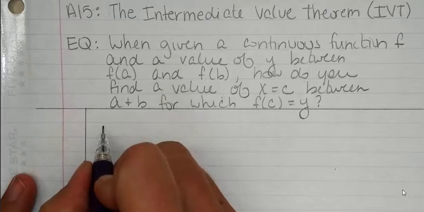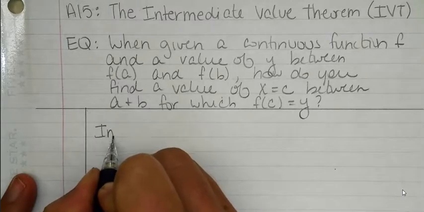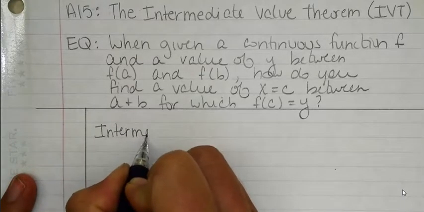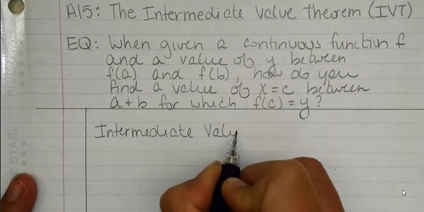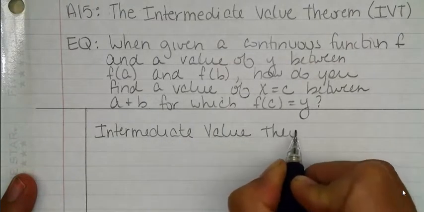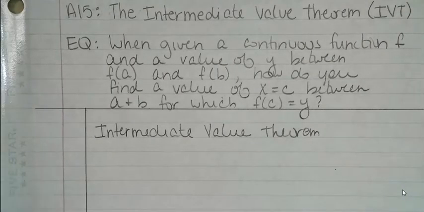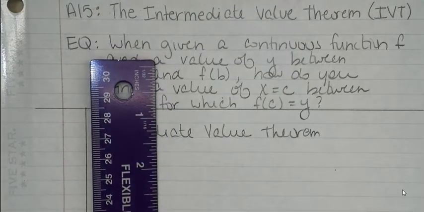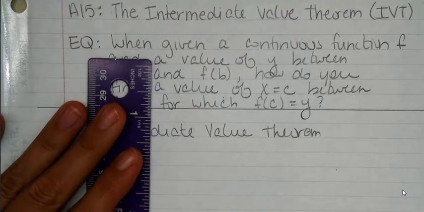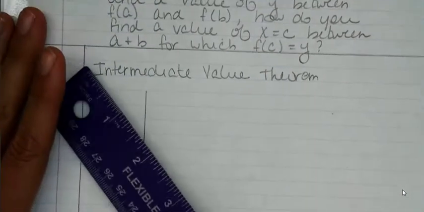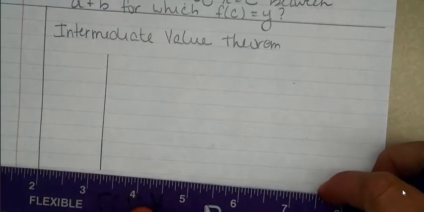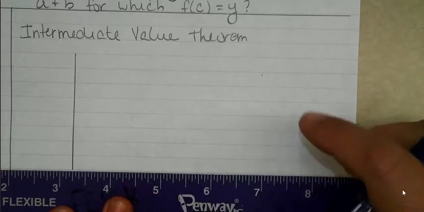All right, so the intermediate value theorem states something. I'm going to go ahead and draw a graph to help make a little bit more sense out of everything that we're talking about here. I'm just going to draw it in the first quadrant. It doesn't need to be too elaborate.